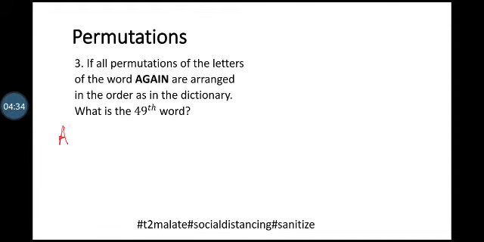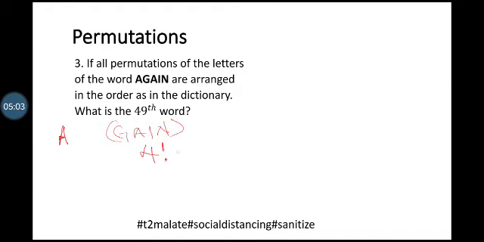Then after we choose this letter to start the word, what's left are the letters G, A, I, and N. And these are the letters that you're going to keep changing to make the different words starting with the letter A. Meaning you're just simply arranging 4 letters. And how many ways you can arrange these 4 letters side by side is simply 4 factorial.